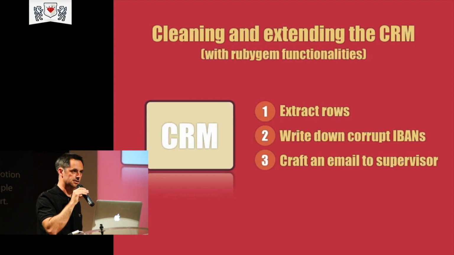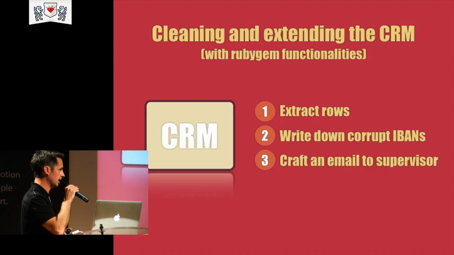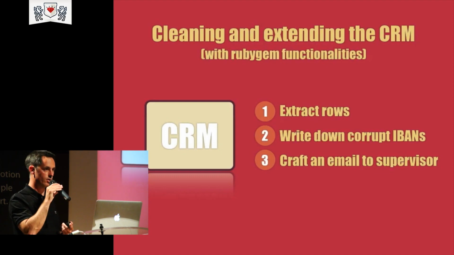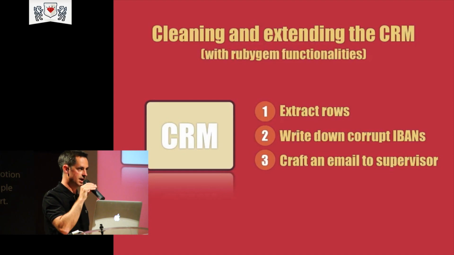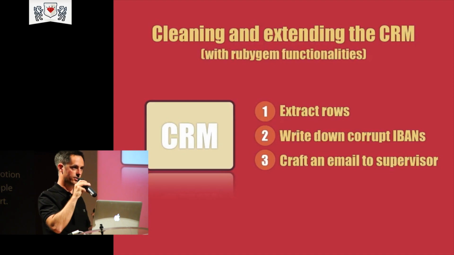So the guys had corrupt data in their CRM, but they didn't know how to clean it. So I suggested that we extract the rows, write down the correct IBANs, so the bank account numbers, using a Ruby gem, because you can find everything in Ruby gem, really. Then craft an email to the supervisor so he can act and ask the team to correct them, which means getting in touch with the partners to get the right data.